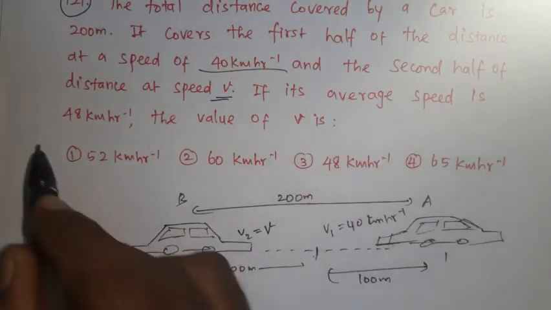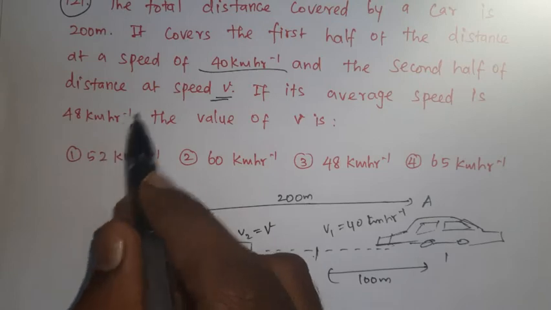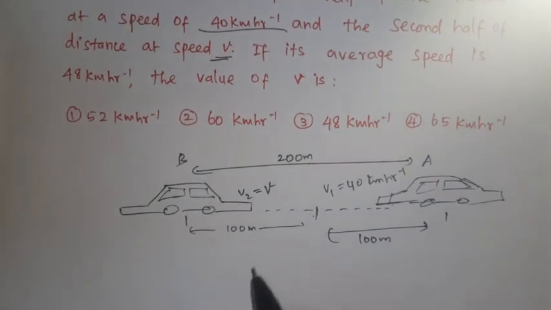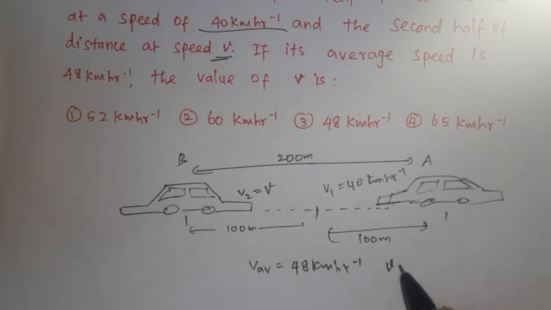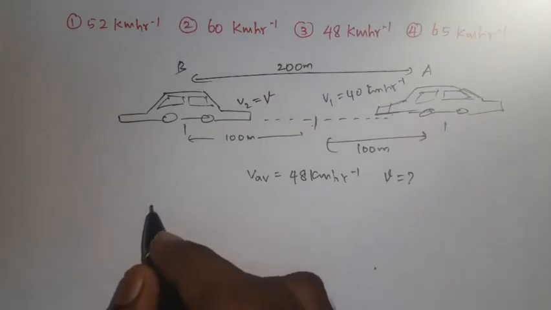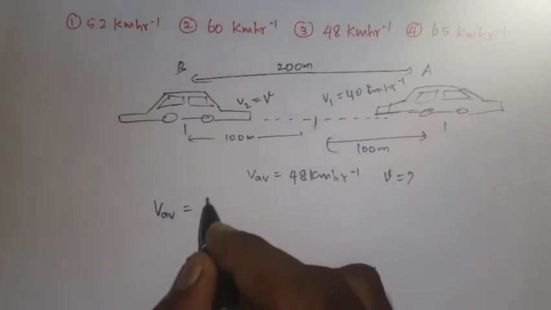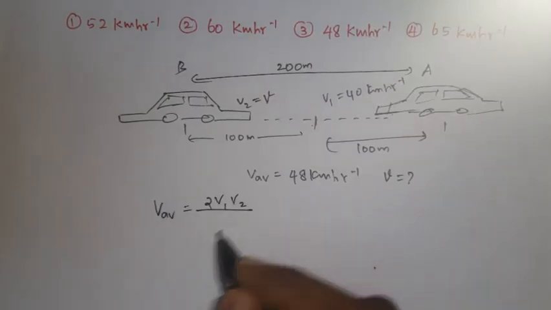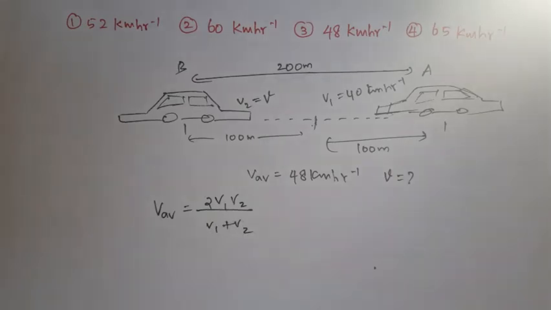If its average speed is 48 km/h, then what is the speed V in the second half of the distance? The average speed formula is V_av equal to 2 V1 V2 by V1 plus V2.